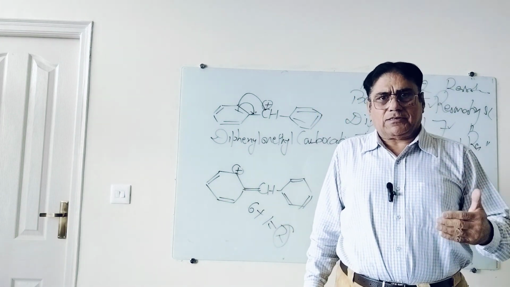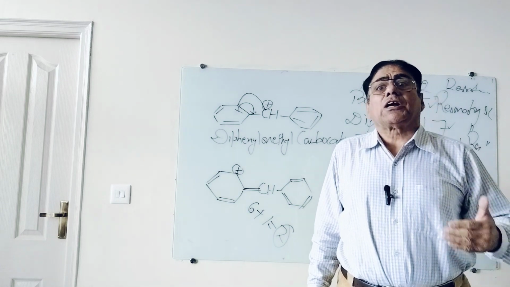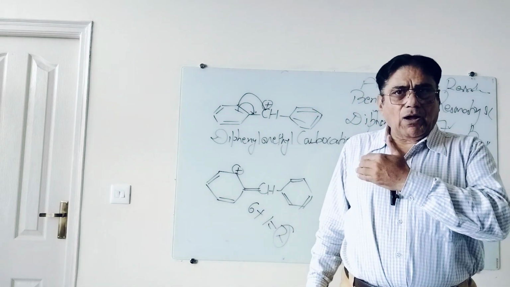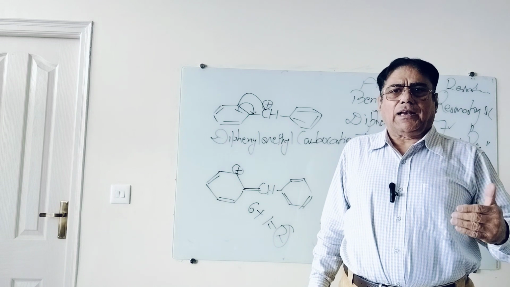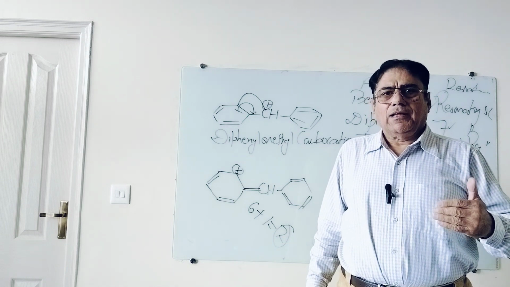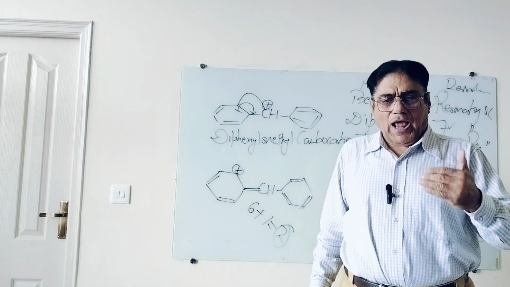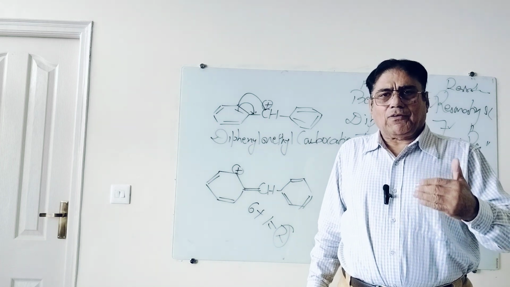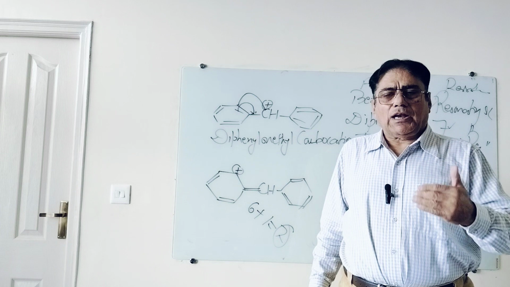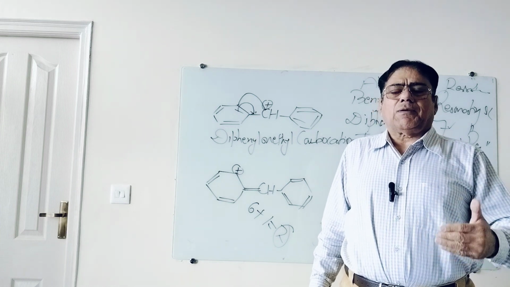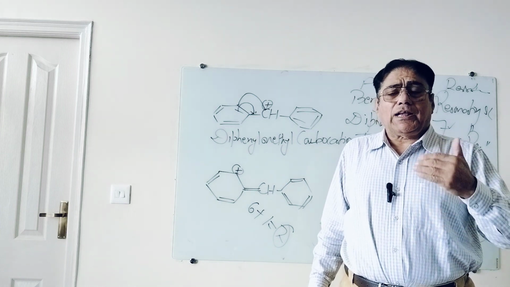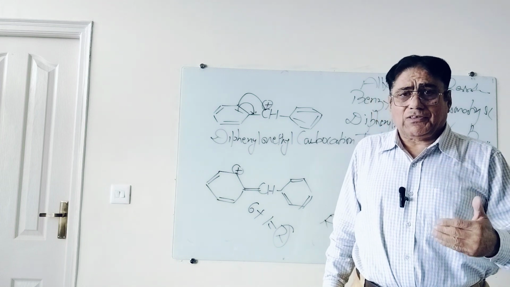Allyl, yes, is much more stable than tertiary, but among all these resonating ones, allyl is the least stable, then benzyl, then diphenyl methyl, then triphenyl methyl. Because as the number of resonating structures increases, delocalization of positive charge increases, and stability increases, because delocalization always makes the species stable.